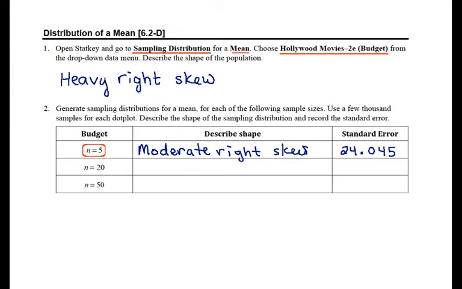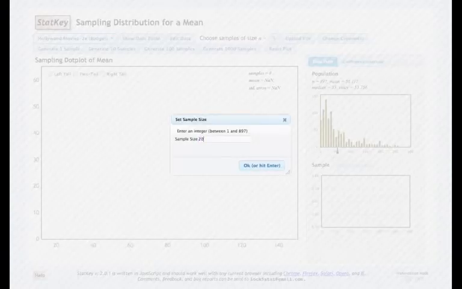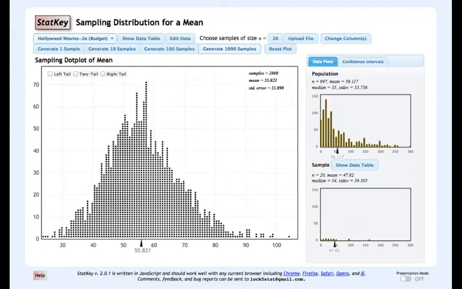Now we're going to go back and generate samples of size n equals 20. So we'll reset the plot, change the value of n to 20, and generate a few thousand samples.